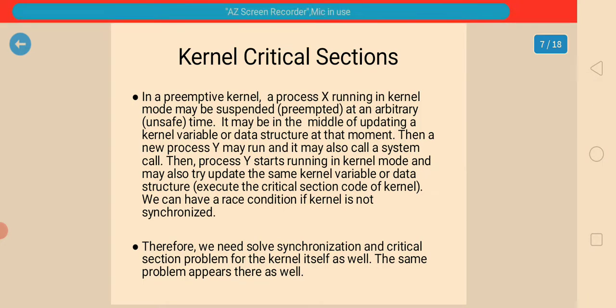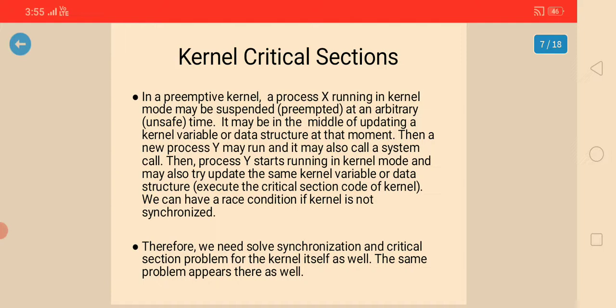In a preemptive kernel, a process X running in kernel mode may be suspended or preempted at an arbitrary, unsafe time. It may be in the middle of updating a kernel variable or data structure at that moment.